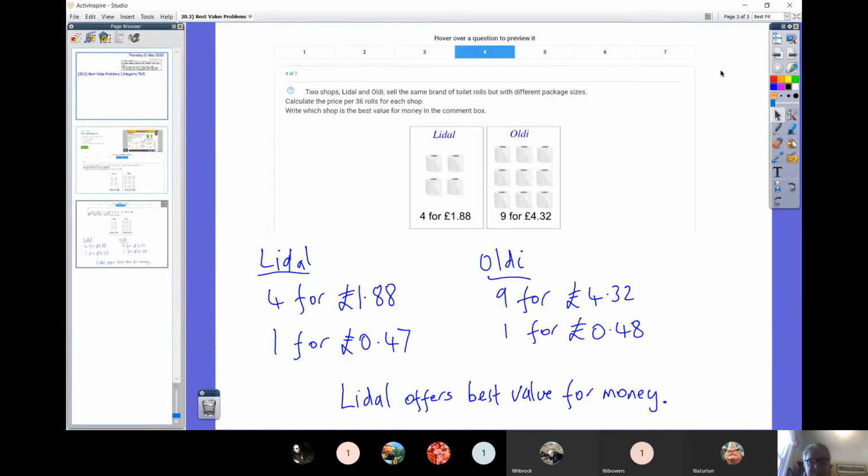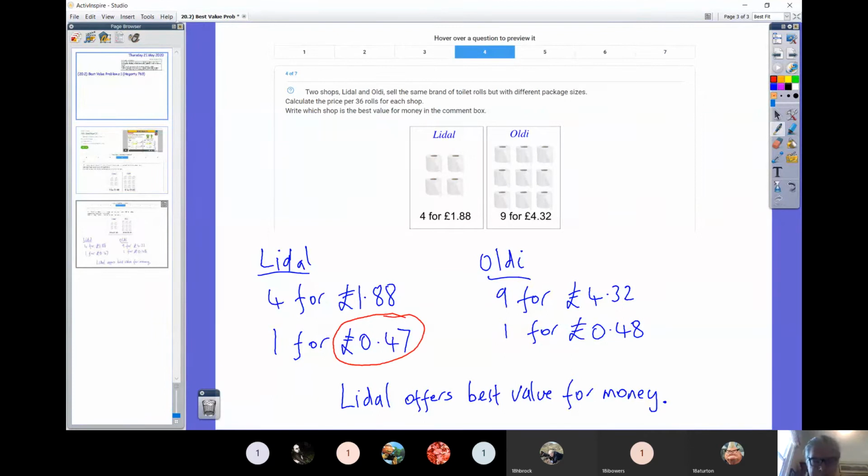So this is how I would like you setting it out. For the Lidl one, start off by writing down the fact that you're given that 4 rolls cost you £1.88. Then always go back to 1 roll, please. So you divide by 4 to work out how much 1 roll is, and that's easy enough. You're just going to get that 1 roll from Lidl is £0.47.